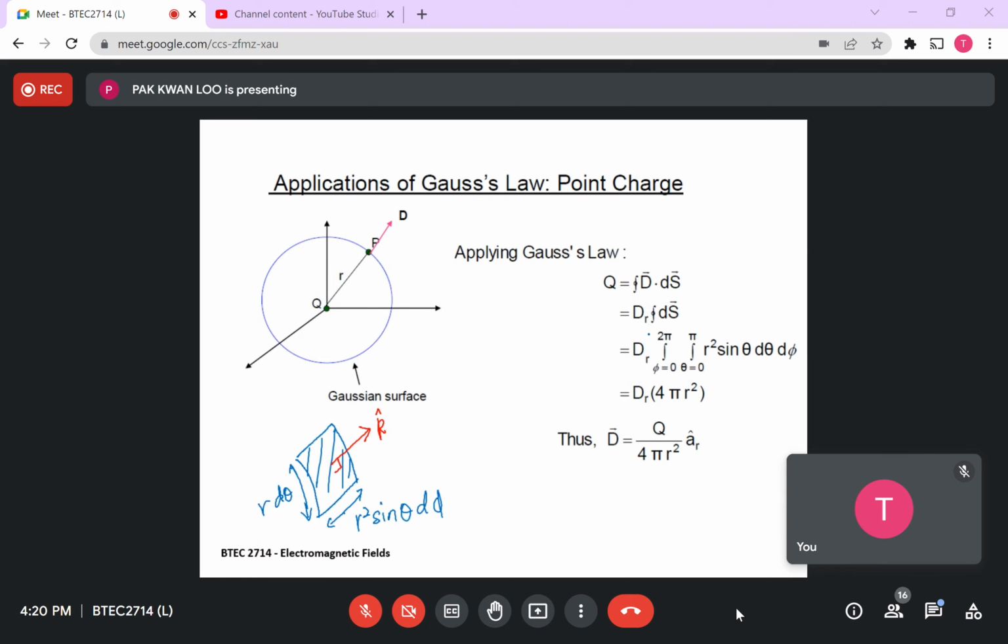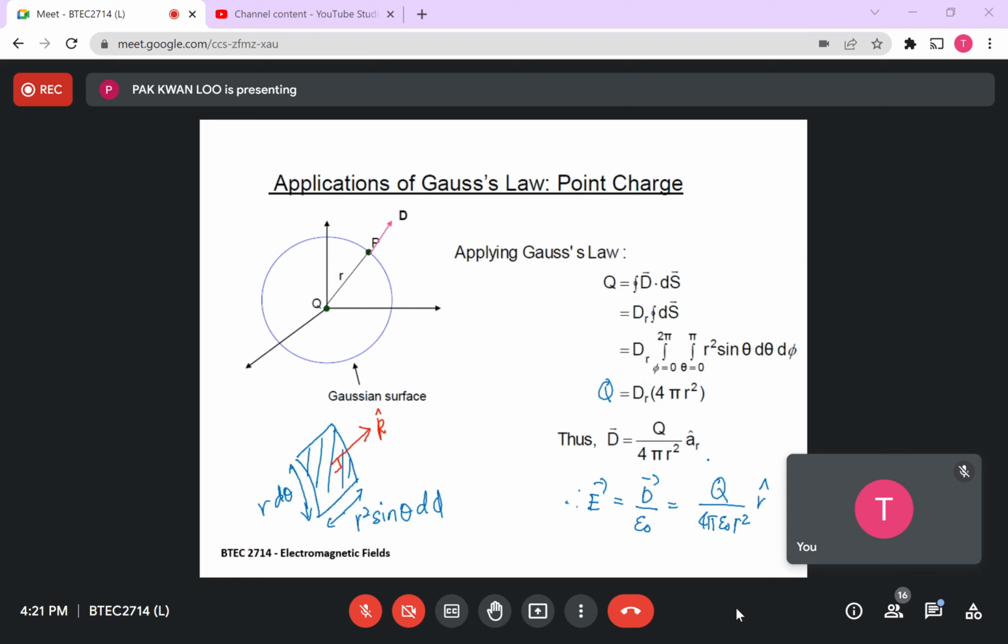Therefore E is D divided by epsilon naught, and we have Q over 4 pi epsilon naught r squared in the radial direction. And here we can see that Gauss's law in some way also proves Coulomb's law, right?